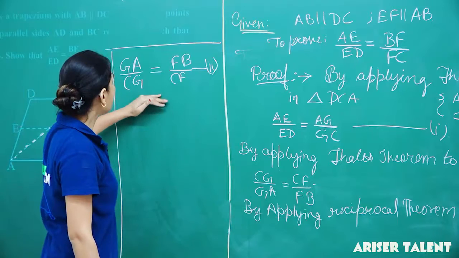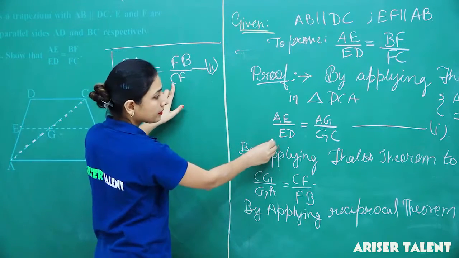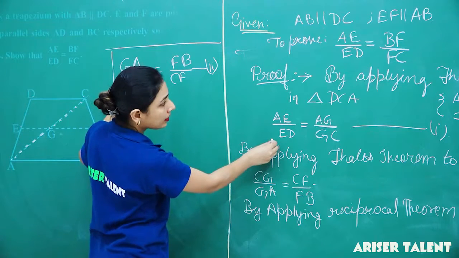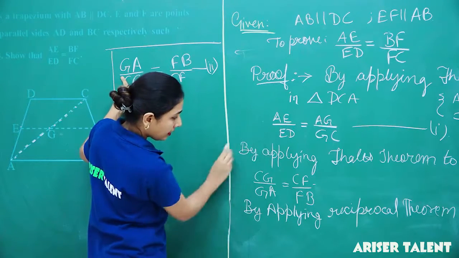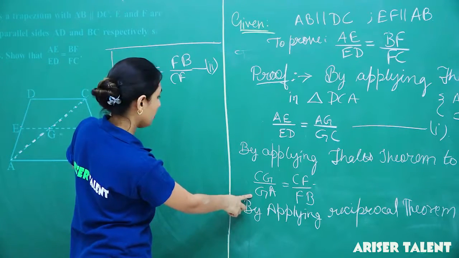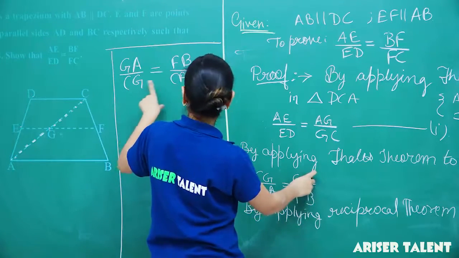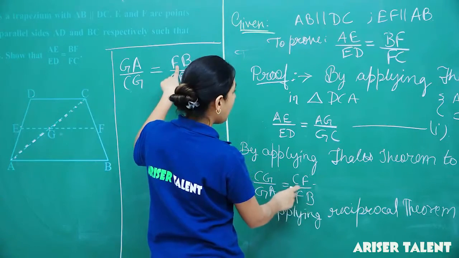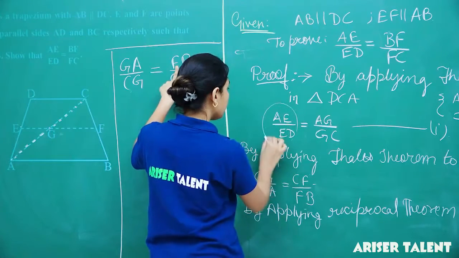Now look at equation second and look at equation 1. This is CG and GA, and you have FB and CF.